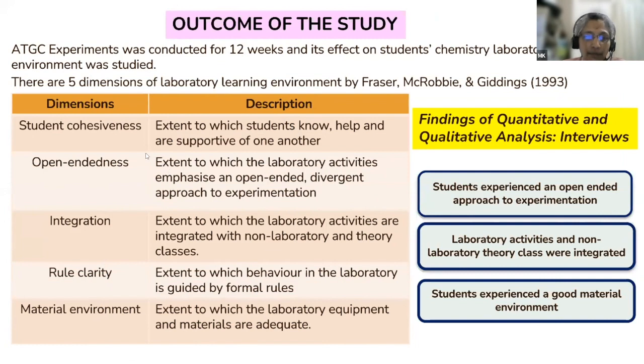Students viewed that there is stronger cohesiveness in the activity theory-based lesson. They feel they experience more open-endedness and integration, and material environment. In terms of rule clarity, the finding was not so explicit, but for the other four dimensions, it was very clear. We can see a significant difference.